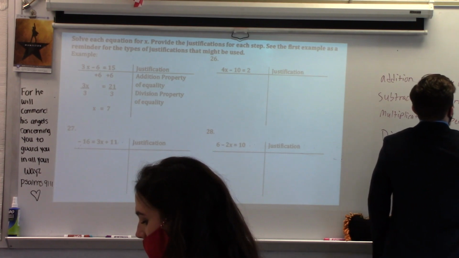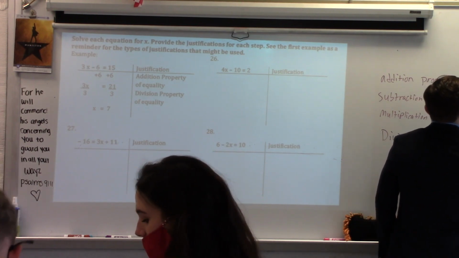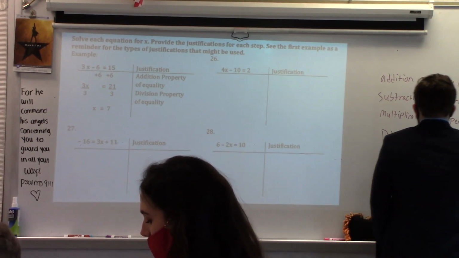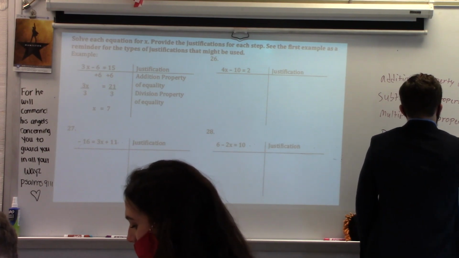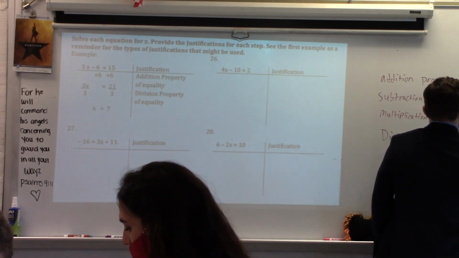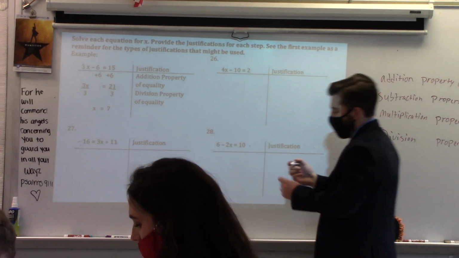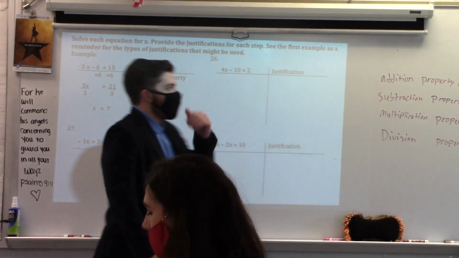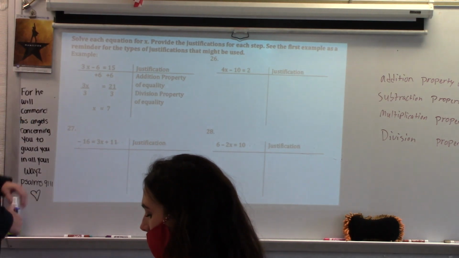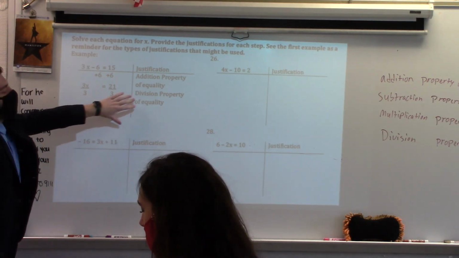So, like I said, we talked about the property of equality as a whole, and we knew that it was what you do to one side, you do to the other. But now, the reason I'm putting these specific names on is that today, when you're solving these equations, you can see they have an example.